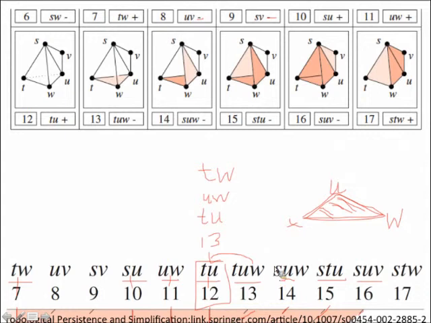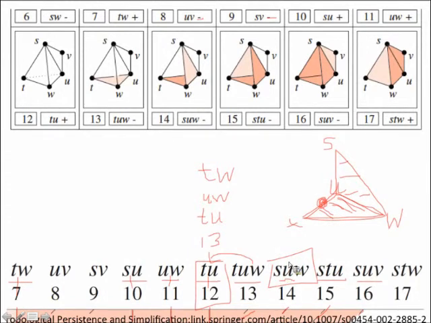So now we need to go ahead and go to SUW. So SUW, I already have U and W drawn, so I just need my S. And we now want to add this thing right here. Well, I added TU. So TU, I'm going to put a dot here, noting that we've already taken this as the generator.